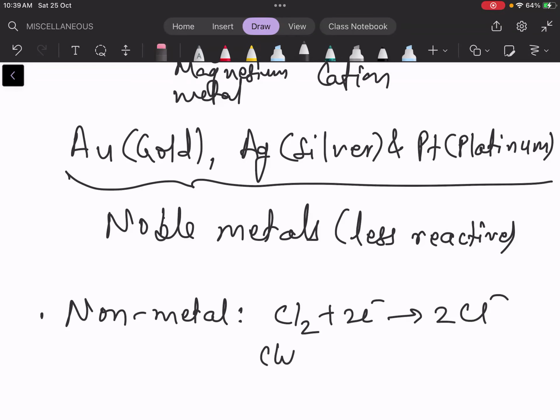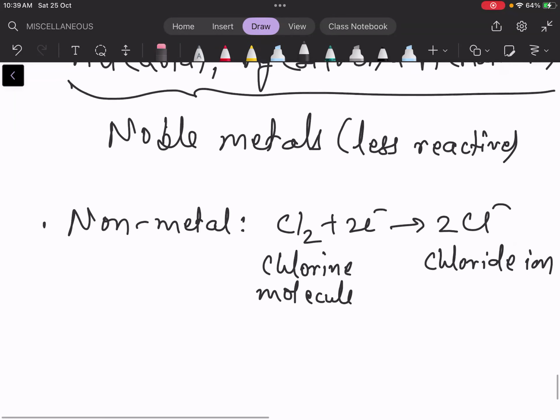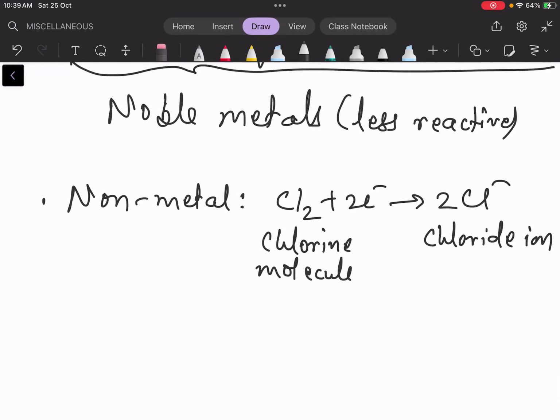So this is the chlorine molecule, and this is the chloride ion. So a non-metal is an element which has a tendency to gain one or more electrons and get converted to a negatively charged anion. Okay, and that's called what? Non-metal. Is there any doubt?